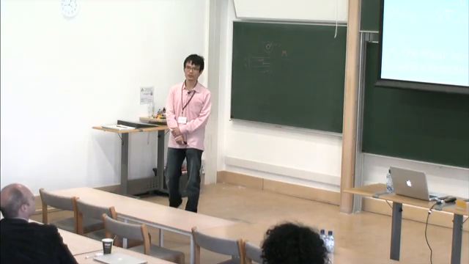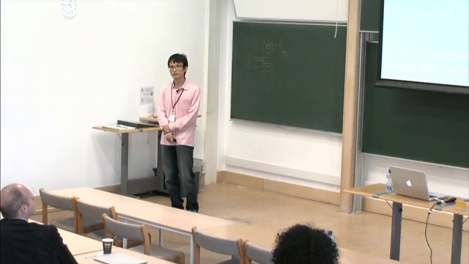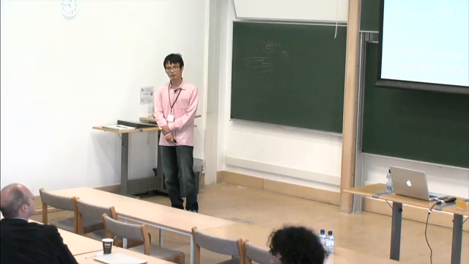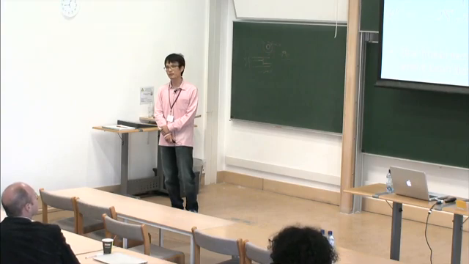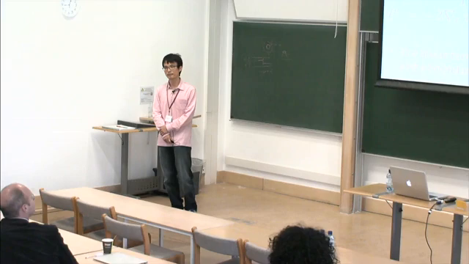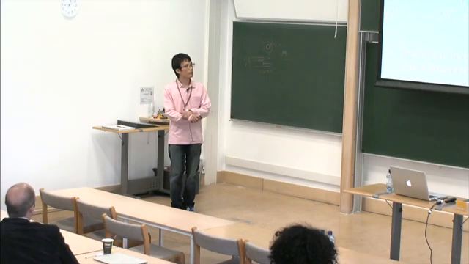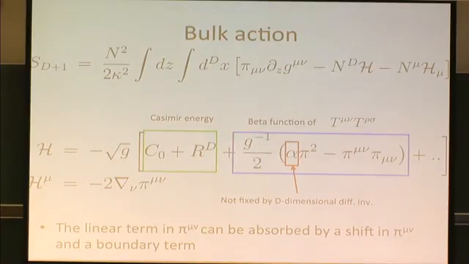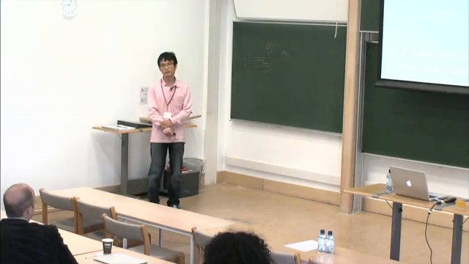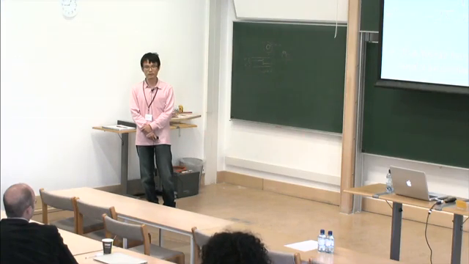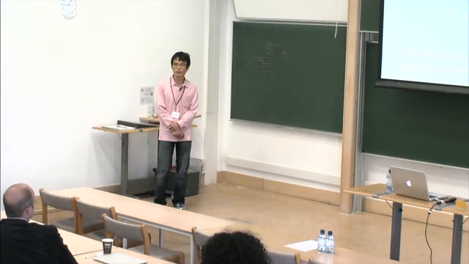If any of you know some constraint, that will be very interesting. But here, the cosmological constant is nothing but the Casimir energy of your field theory. If this was positive, then maybe one can have a de Sitter space in the bulk.